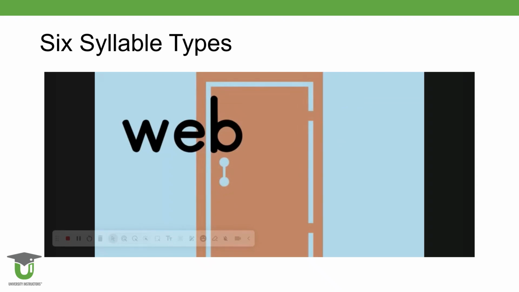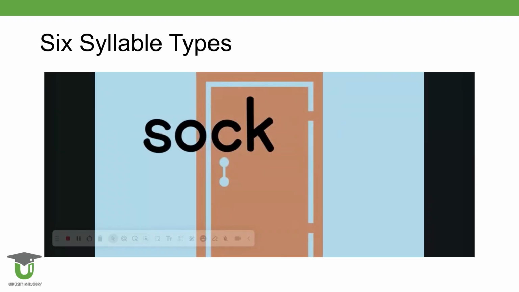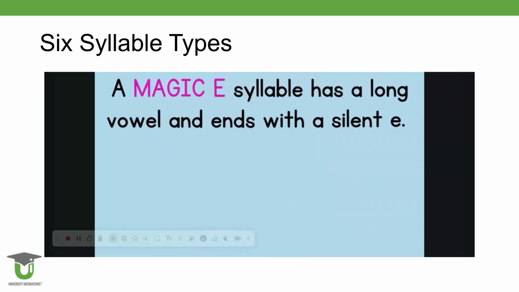When the door is closed, this word is web with a short E, eh. But when the door is open, it's an open syllable, which makes the vowel at the end say its long sound. So the word is we. Here, closed, the word is sock. Open, it's so.